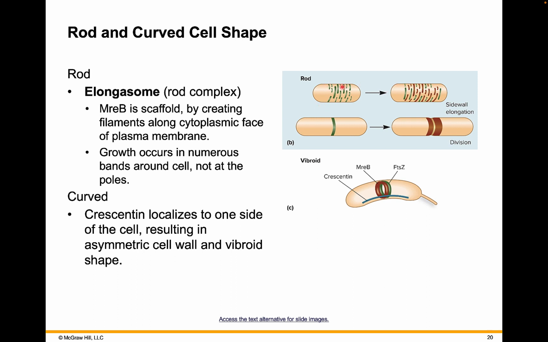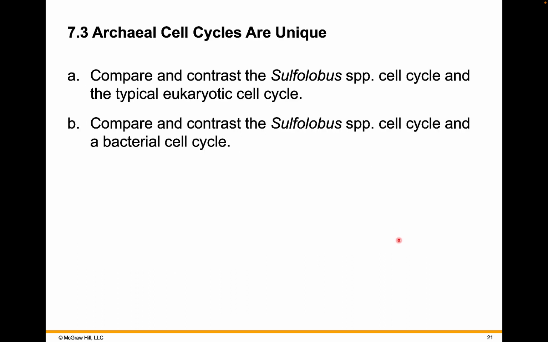Growth occurs in several bands around the cell, not at the poles. And in the same way, the MreB elongasome complex recruits these NAG-NAM residues inside, and they are flipped outside to be added. In curved structures, crescentin localizes at one side of the cell, resulting in an asymmetric cell wall and the vibrioid shape.